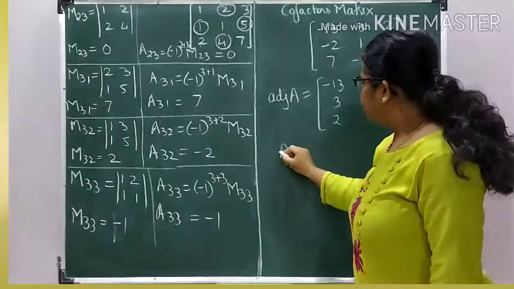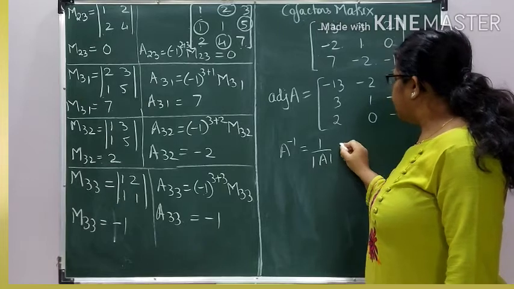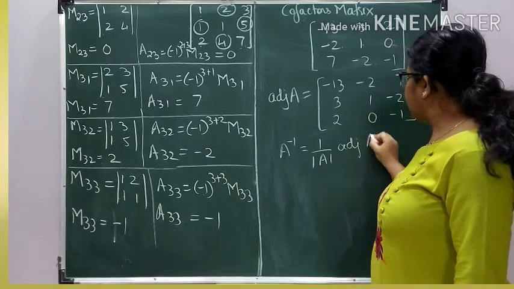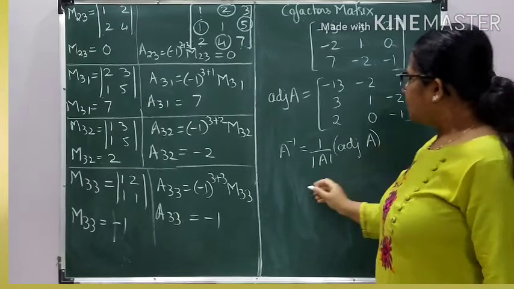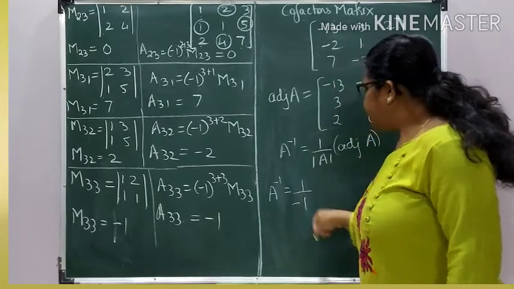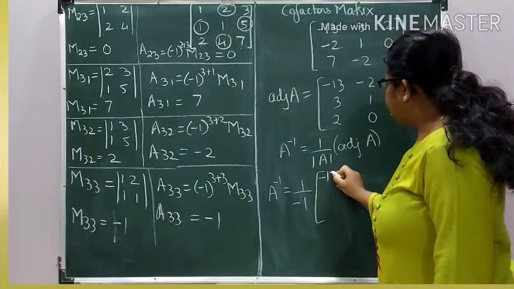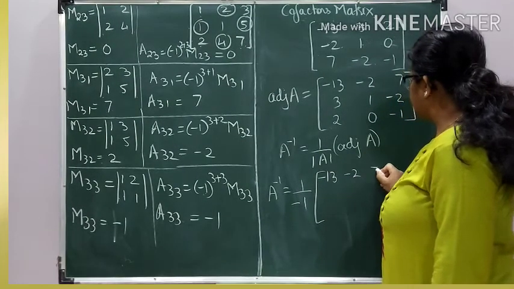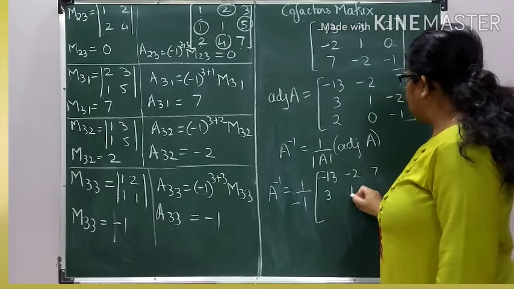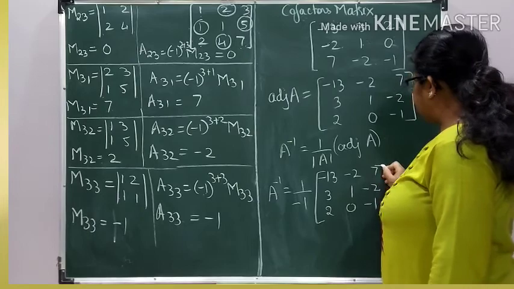And what is the formula for A inverse? It is 1 upon determinant of A into adjoint of A. So A inverse is equal to 1 upon determinant of A, which we have found to be minus 1, into the adjoint above: minus 13, minus 2, 7, 3, 1, minus 2 and 2, 0, minus 1.